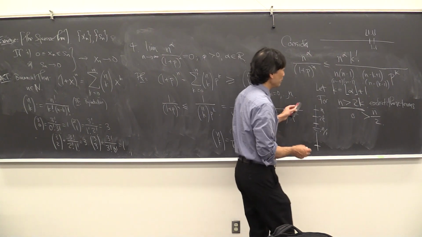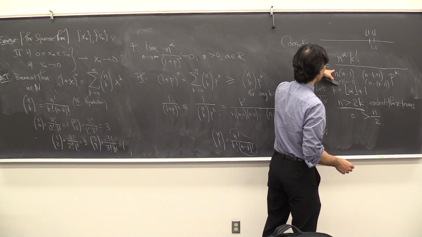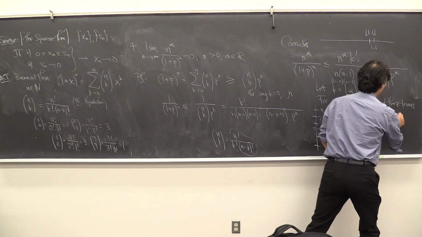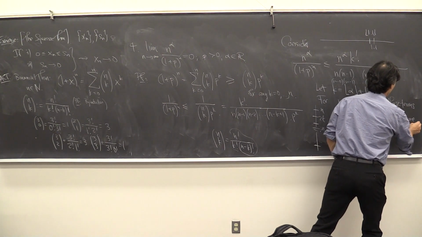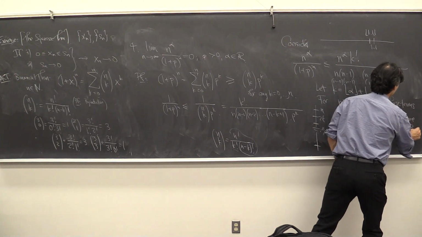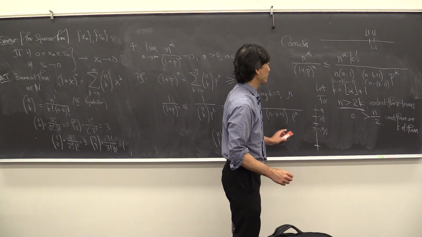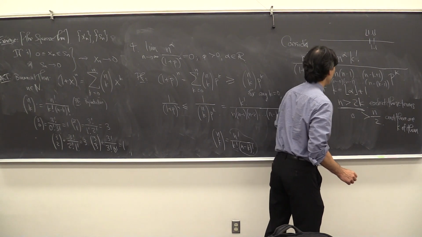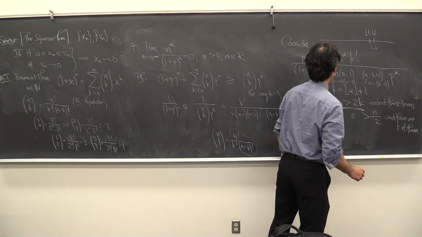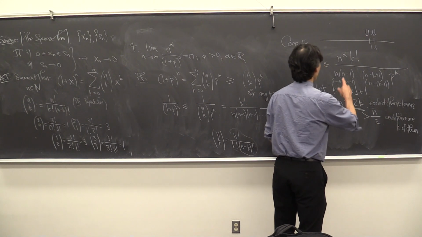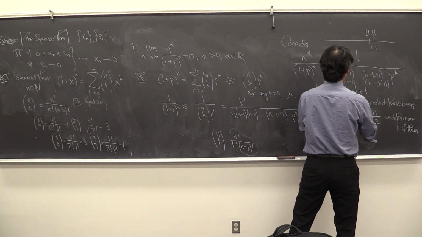So each of those terms is bigger than n over 2, and there are k of them. So what does that mean? Each of those terms is bigger than n over 2.